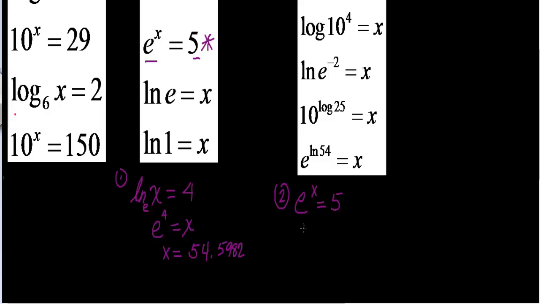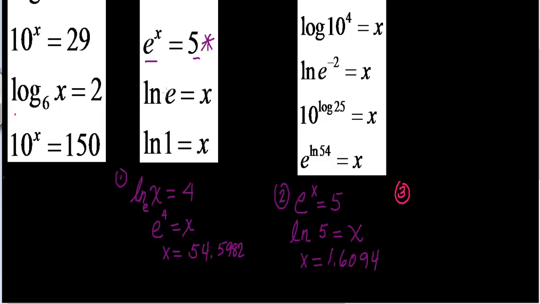So this is an exponential form. I'm going to write it as a log. So this would be natural log. Remember, my base is e. This is the argument, equals x. Okay? So again, calculator, x is equal to the natural log of 5. You have a natural log button on your calculator, and this gives you 1.6094. Okay?